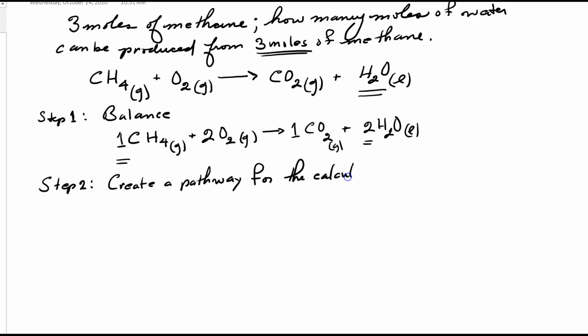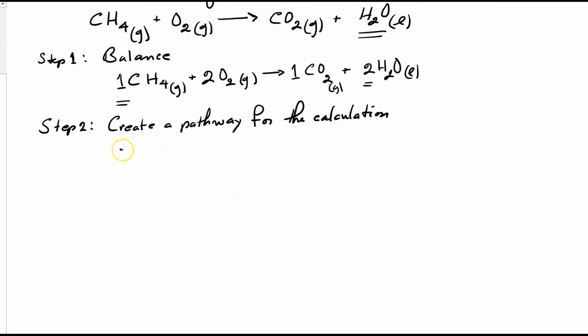And in this, what we really mean is something quite simple. We are starting with, in this case, 3 moles of methane, and we want to convert it to moles. Let me rephrase that. We're starting with moles of methane, and we want to convert it to moles of water.